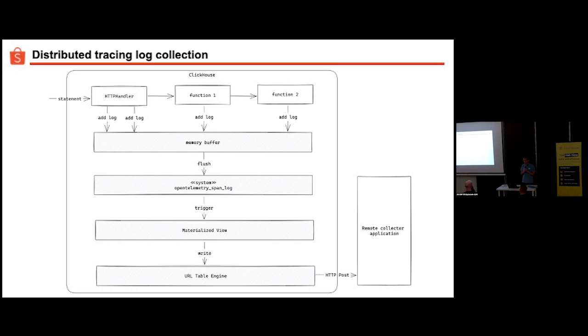And this particular materialized view will write the data to a specific ClickHouse URL table engine. You can see this URL table engine in such a case is just an HTTP client. It just formats the data in the format that we want and sends the data to our centralized collector.